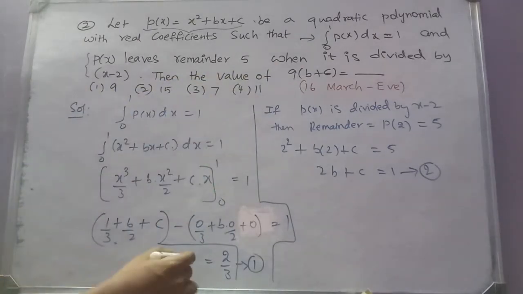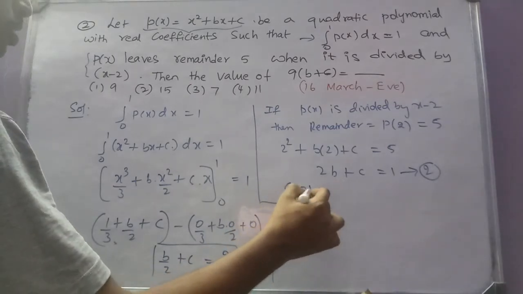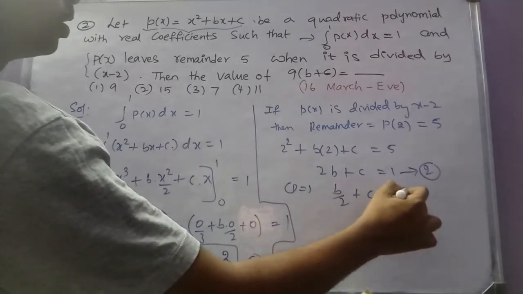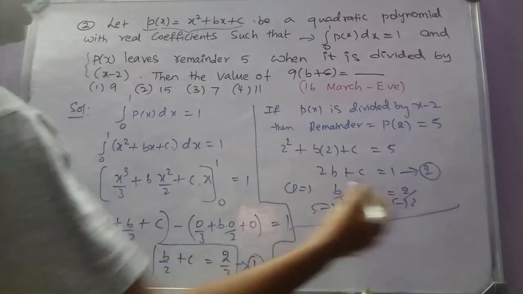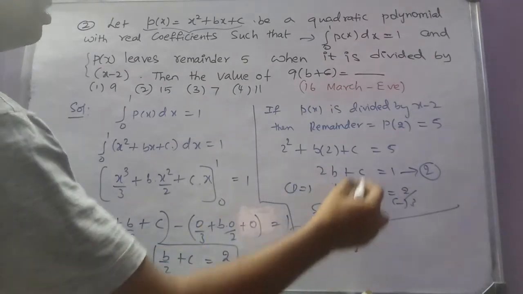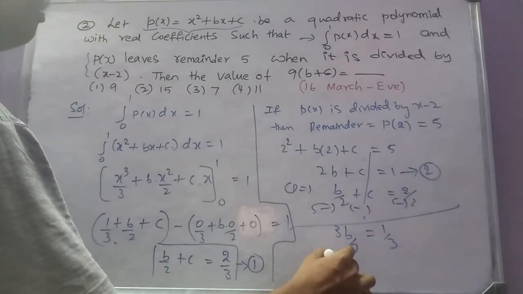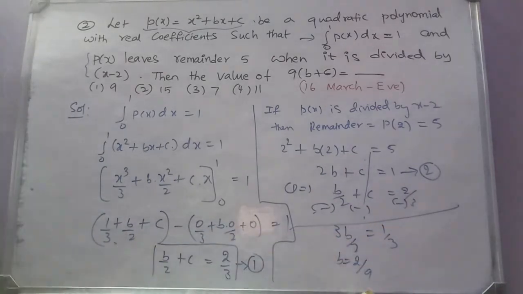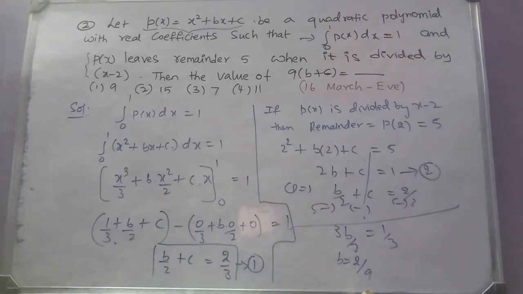Easier, right? So let us subtract equations 1 and 2. The first equation is b by 2 plus c equal to 2 by 3. I can subtract by changing the signs below. 2b minus b by 2 is 3b by 2, plus c minus c will get cancelled, and 1 minus 2 by 3 is 1 by 3. So b is equal to 2 by 9. Since b is equal to 2 by 9, you can substitute, for example, in the second equation to get c.